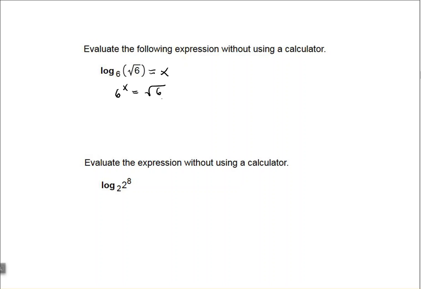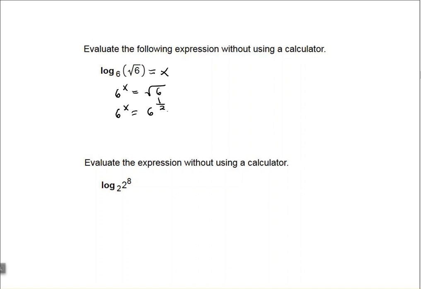Now I know that I can rewrite the square root of 6 in exponential form as well, because the square root could be written as the 1/2 power. So the square root could be written as 6 to the power of 1/2.